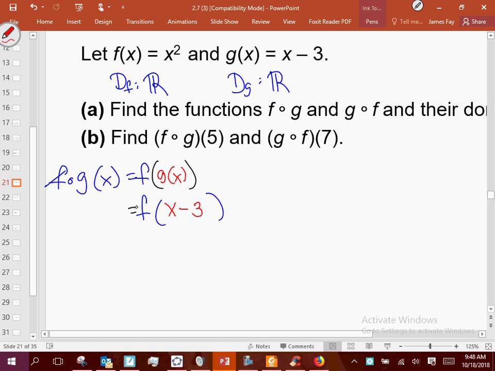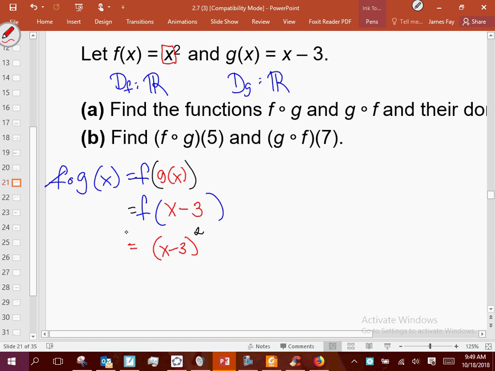Okay. Now we read it and say, what does it tell me? Well, it's telling me take the function F, and as your input, use X minus 3. We'll go up to F, okay, and that's where I'm going to substitute, right? So I let that variable become X minus 3, and then we've got that power of 2, right?